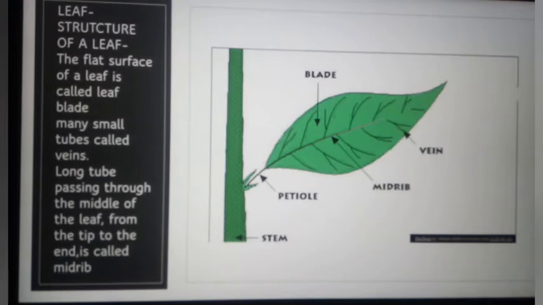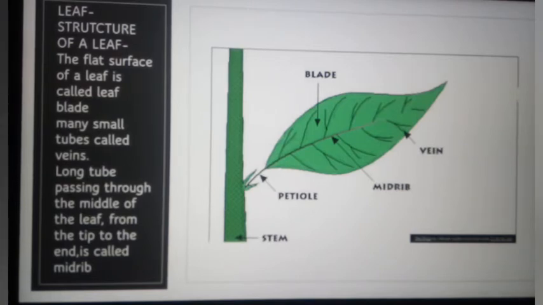There are many small tubes, called veins, as you can see in the picture right now. And a long tube passing through the middle of the leaf is known as the midrib. It is shown in the picture, you can see on the screen.